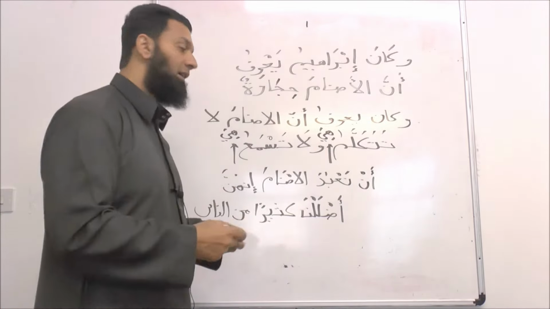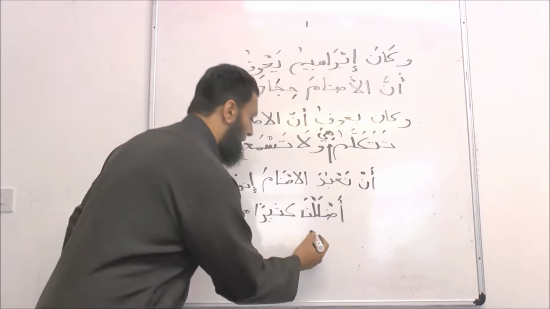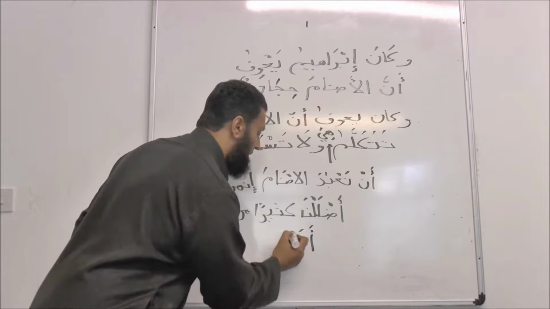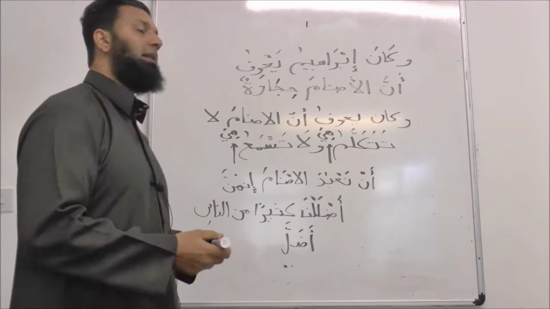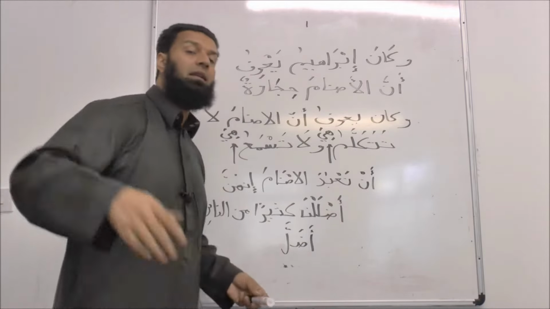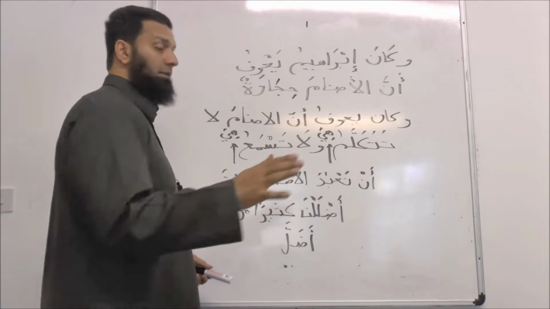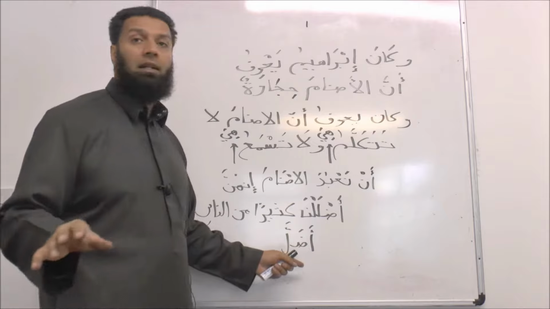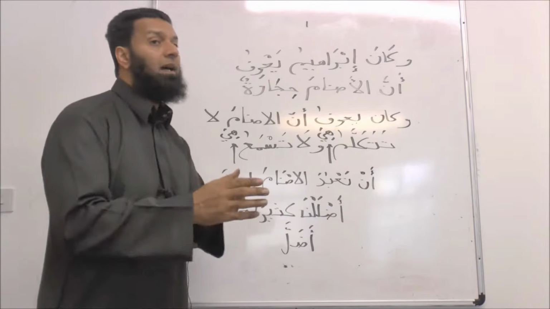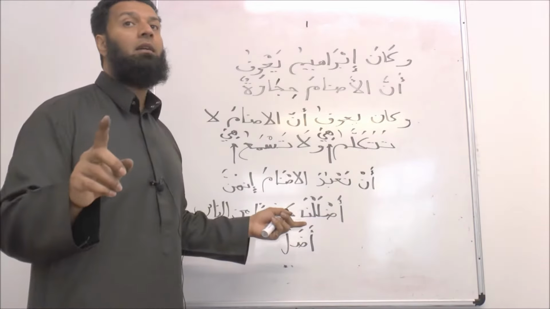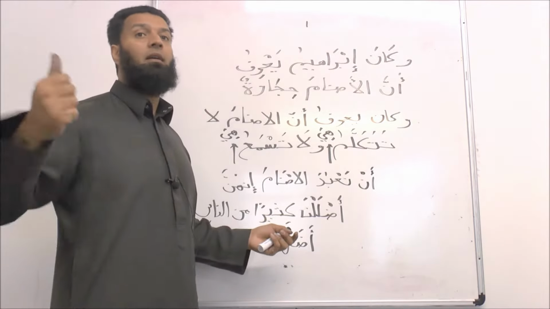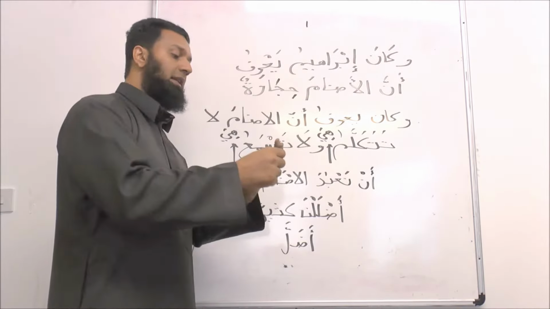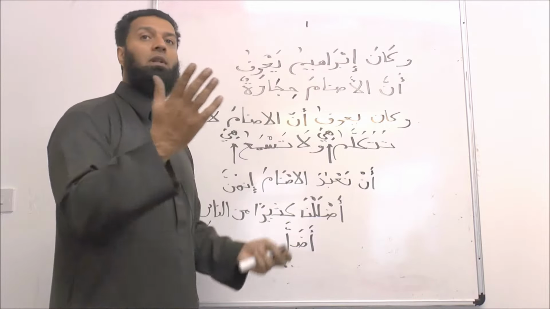Then look, adalalna. That is from the verb adalla. Adalla means he led astray, he misguided. Adalalna, what does adalalna mean? They misguided. When you said they singular, they dual, they plural, they're plural.